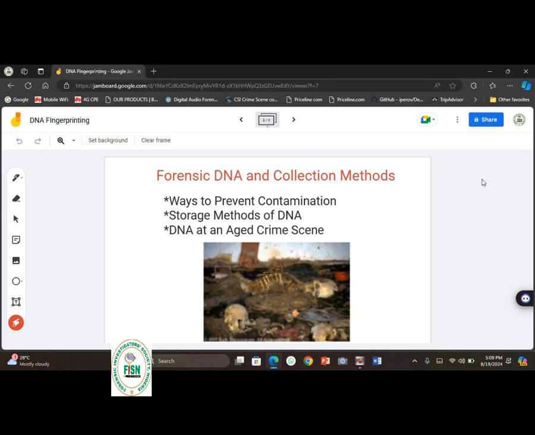Now, on the storage method of DNA: DNA is a biological material that can degrade under certain conditions. DNA is so sensitive to its environment. So when you are transporting it, it must be transported in a paper evidence bag, an evidence bag made of paper, not nylon.